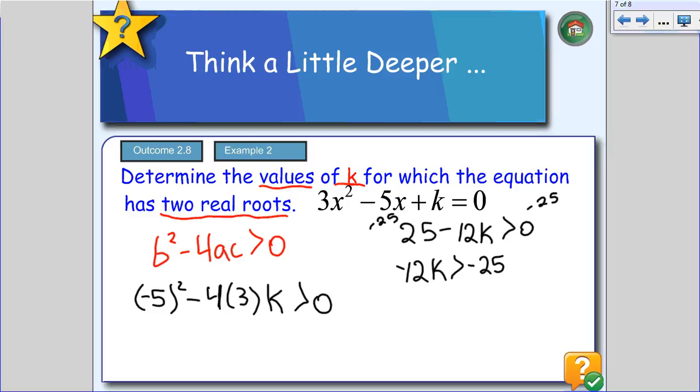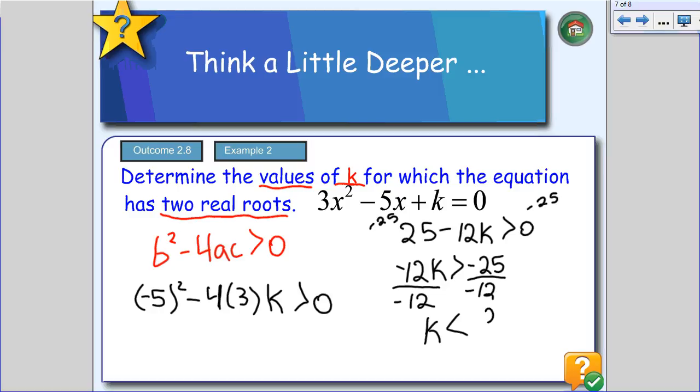When you divide by a negative, or you multiply by a negative, you need to change your sign. So it's K is less than, and 25 divided by 12 isn't a nice simplification, so just leave it as 25 over 12.